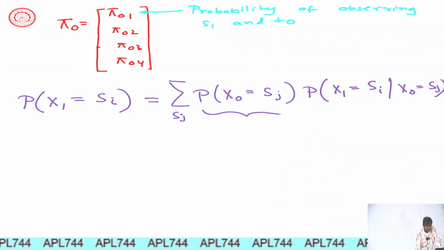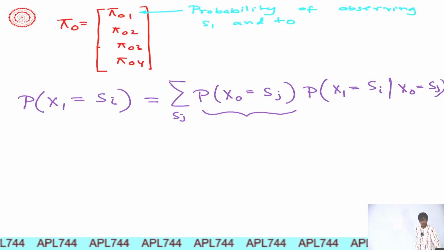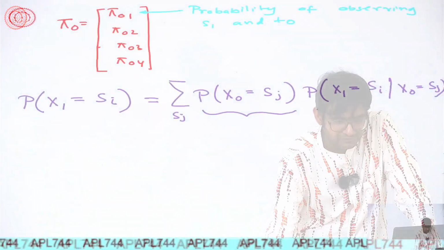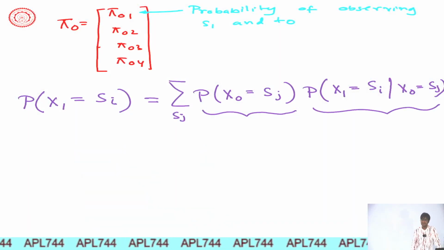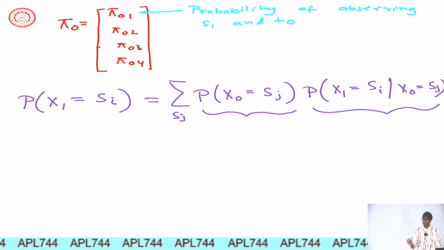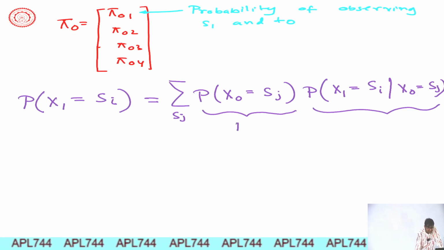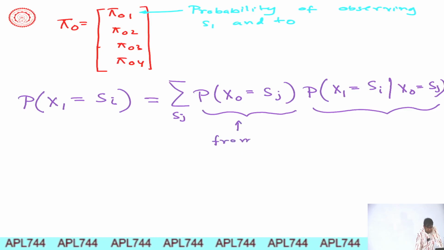Now tell me, what is this? Where will you get this value? From pi. Where will you get this value? From P. So known to you. So this you will get from pi.